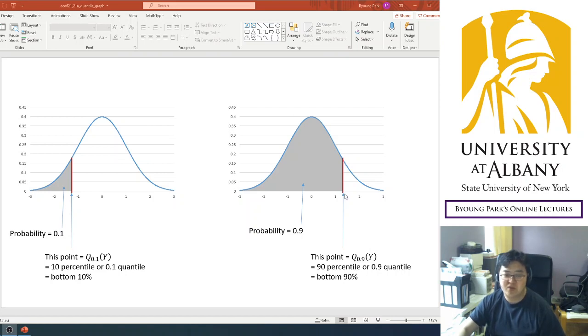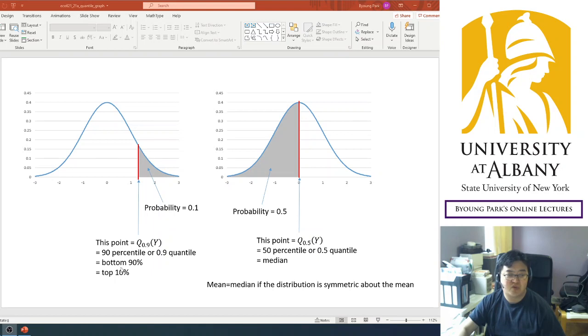This point is called the 0.9 quantile or 90th percentile. Its interpretation is the same: bottom 90%. But no one says it as the bottom 90%. Of course, it has to be interpreted as the top 10%. It is just an interpretation. Even if it is the top 10%, the probability must be calculated from the bottom.